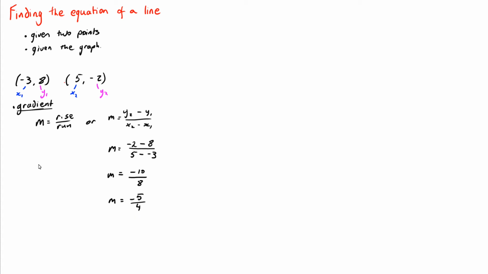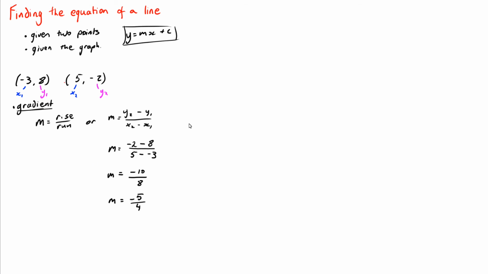Okay, that's your first step, finding the gradient. Now remember, to graph any kind of equation, we need the gradient and the intercept. We want our y equals mx plus c. We've just found what m is, now we need to work out what c is.